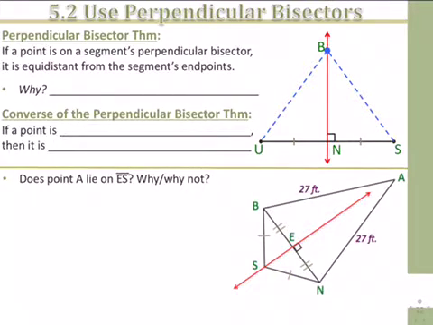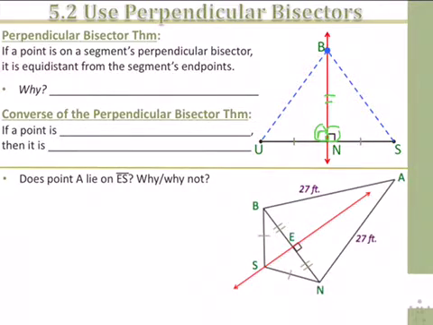So, here we have a reflexive property telling me that BN is congruent to itself. I have right angles here. This is also right, so I have two right angles congruent to each other because of the right angle theorem. And then I have UN congruent to NS, and that's given by the fact that the red line is a perpendicular bisector.